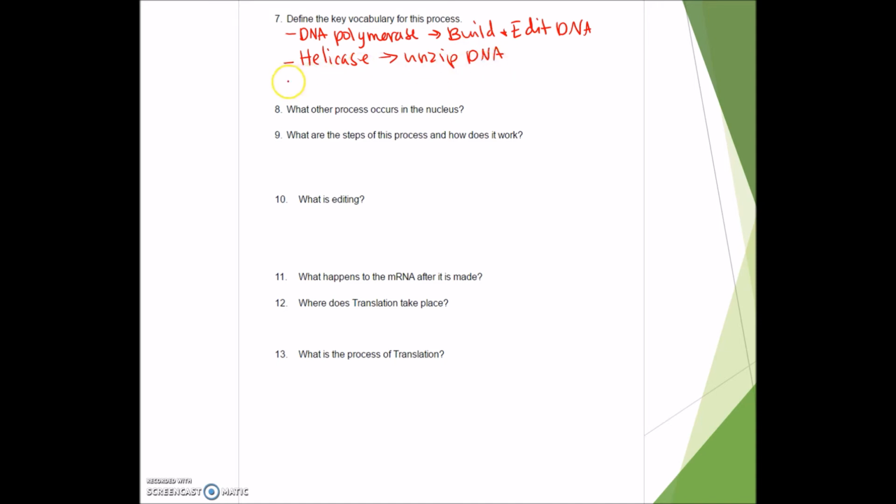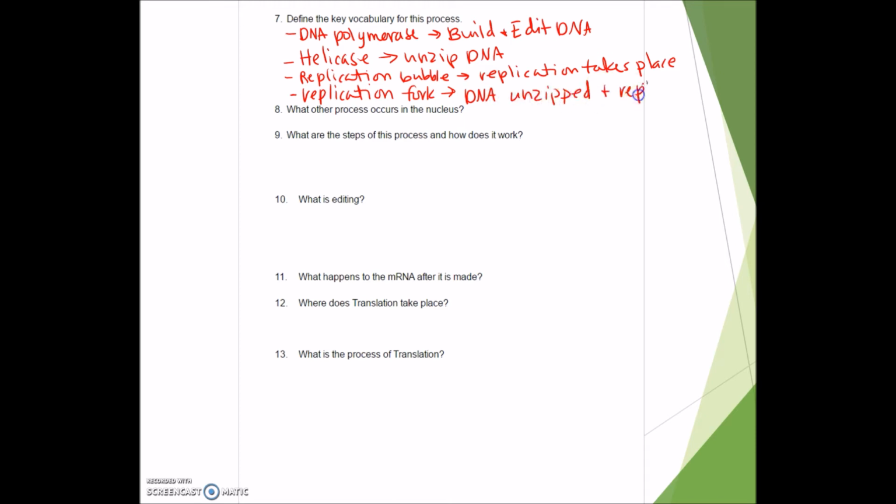Replication bubble, and that's where replication is actually occurring. Replication fork is where DNA is unzipped. Replication starts.